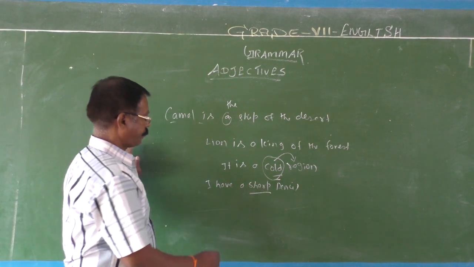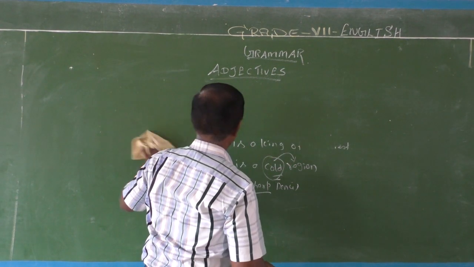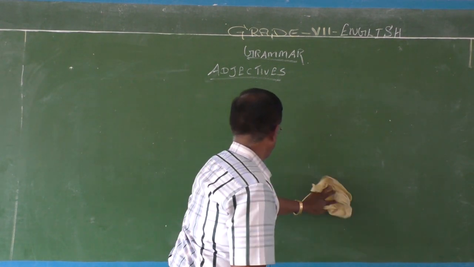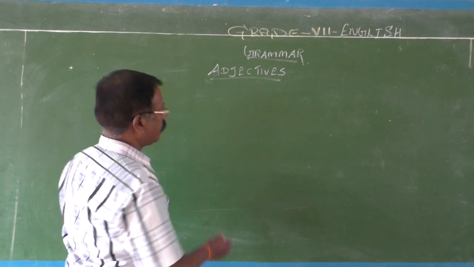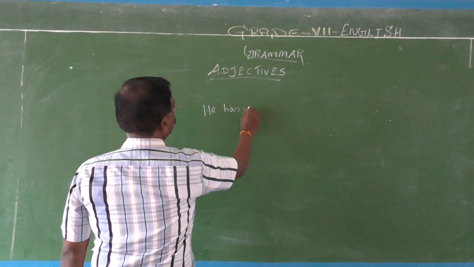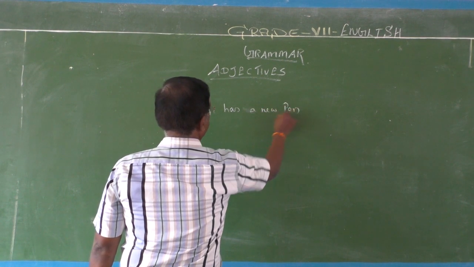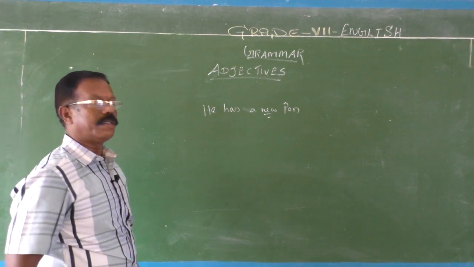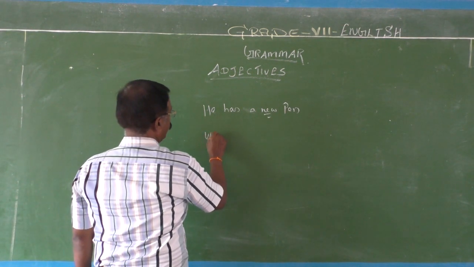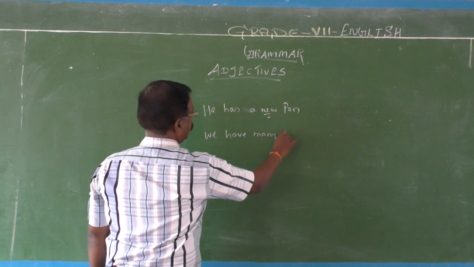Okay, right. He has a new pen. This new is an adjective. We have many books in our library.